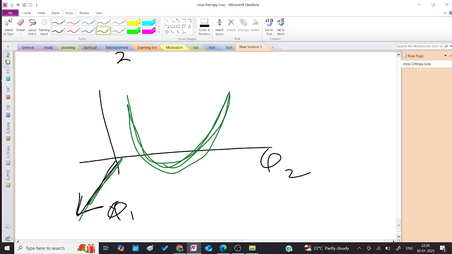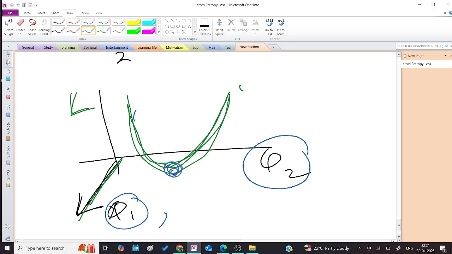So this is L. So we are changing phi 1 and phi 2 so that we may reach the minimum loss.